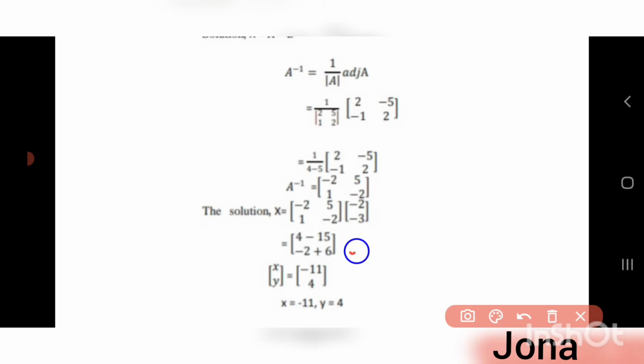It's nothing but 4 minus 15, minus 2 plus 6 there. Therefore XY equal to minus 11 and 4. Therefore the solution of the given matrix equation is x equal to minus 11 and y equal to 4. In matrix form we write like this, and for the equations we write the solution as x equal to minus 11 and y equal to 4.